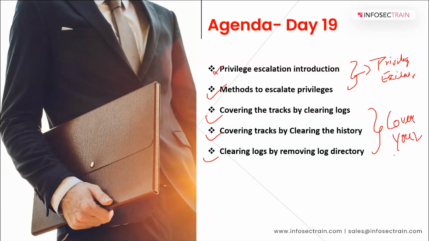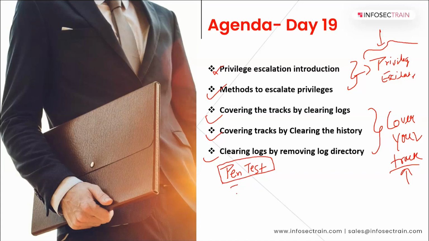This is just an addition to what we were learning till yesterday. We started this week with what pen testing is, trying to understand the whole theory behind it. Then on day two, we talked about information gathering and reconnaissance, how to do that.